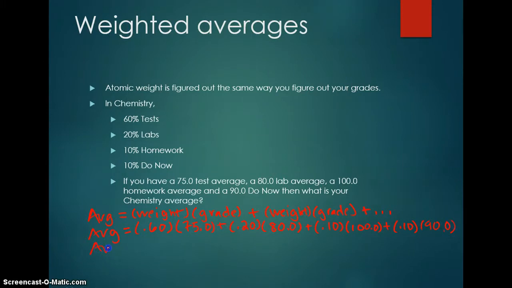If we calculate that, we end up with 45 plus 16 plus 10 plus 9, and our average in chemistry class is an 80 or a B minus.